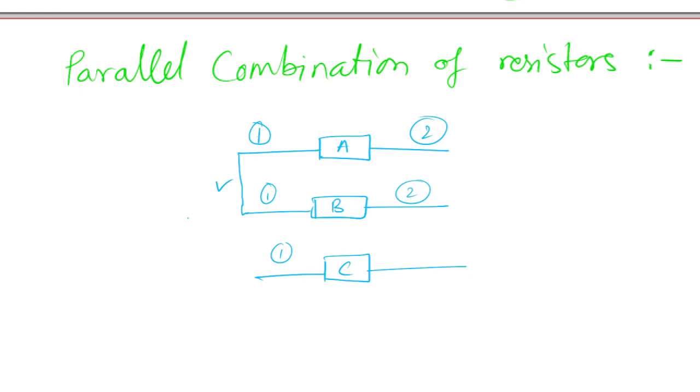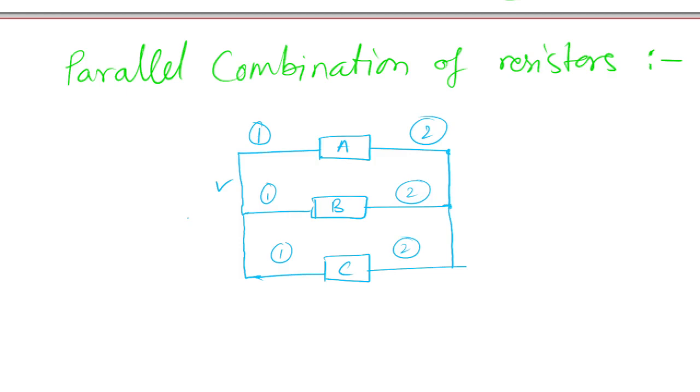So now end 1 of resistor A is connected with end 1 of resistor B, and end 2 of resistor A is connected with end 2 of resistor B. Again, end 1 of resistor B is connected with end 1 of resistor C, and similarly end 2 also with end 2 of C. Now, when both ends of a resistor are connected with both ends of any other resistor, that combination is a parallel combination.